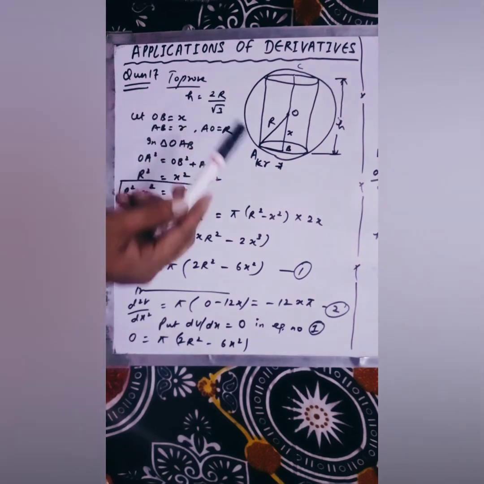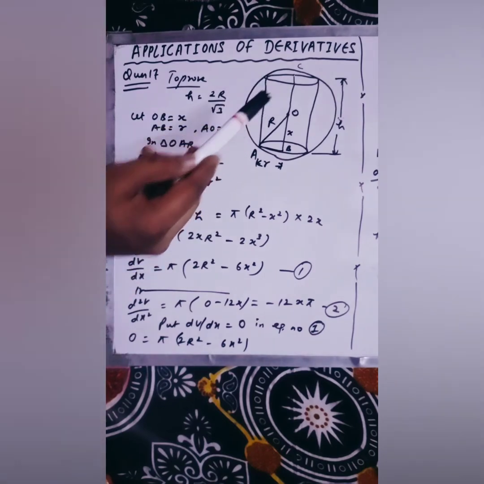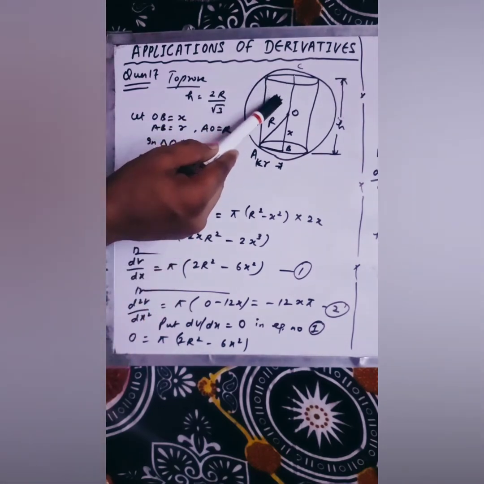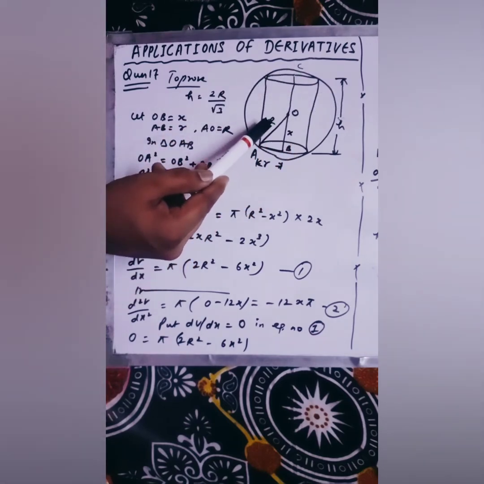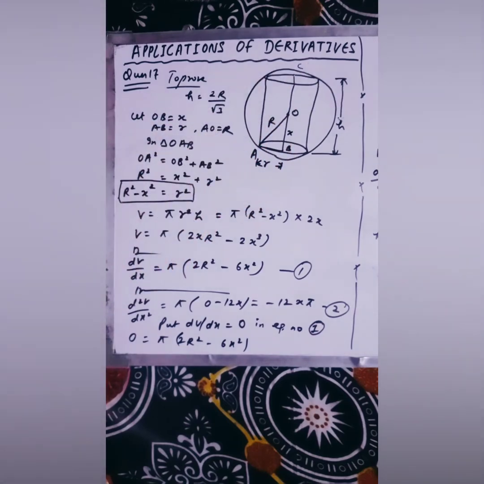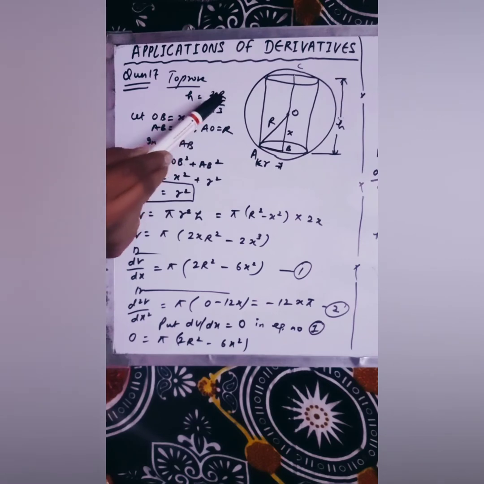So here is the question. A sphere is given to us and a cylinder is inscribed in this sphere, and the radius r of the sphere is given. We have to prove that the height of the cylinder is equal to 2r by root 3.